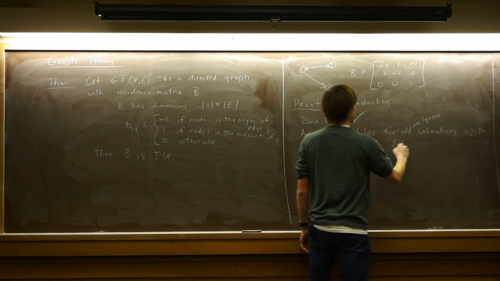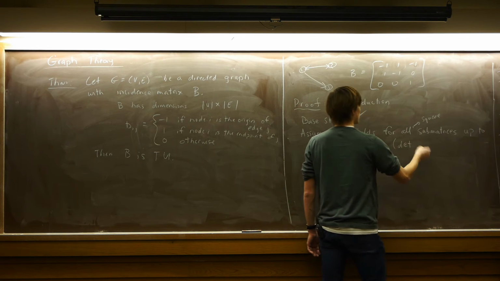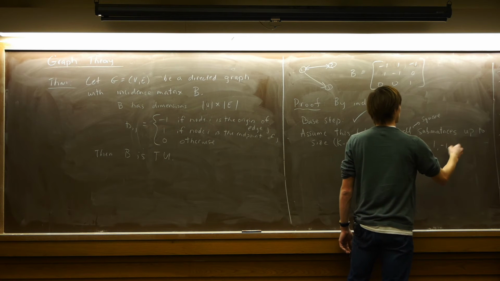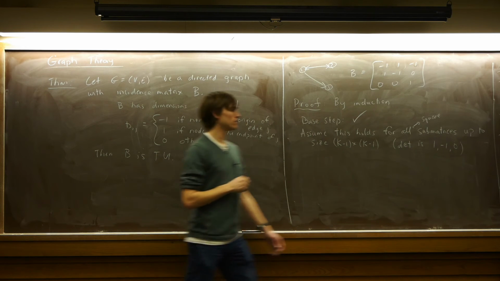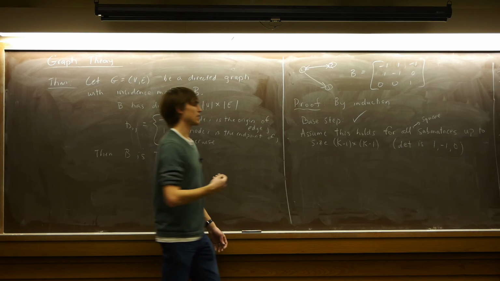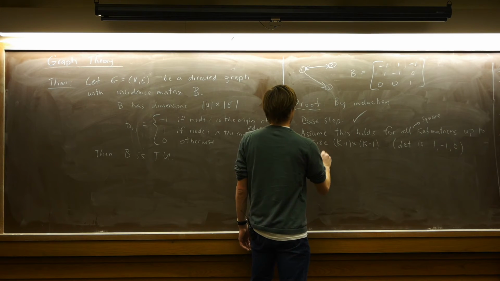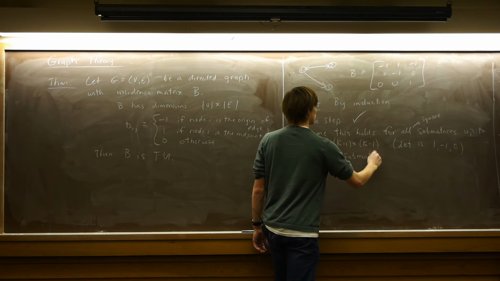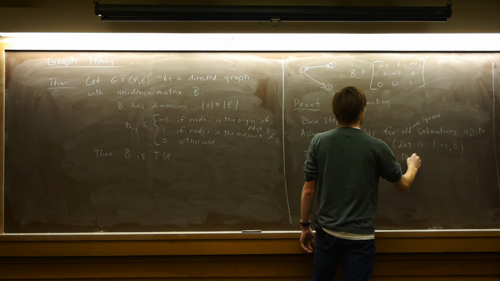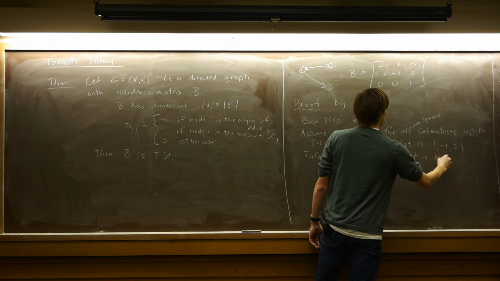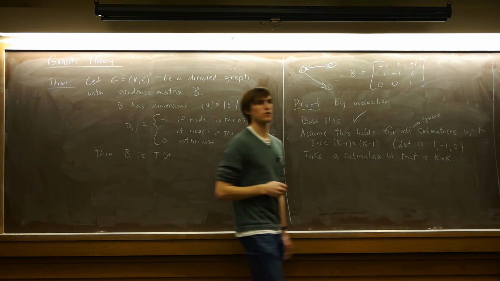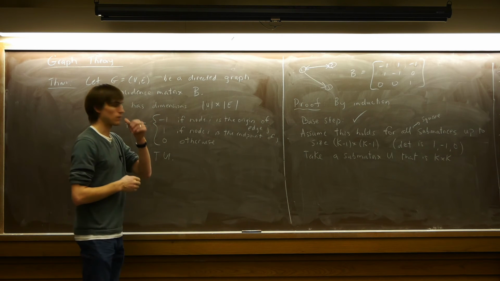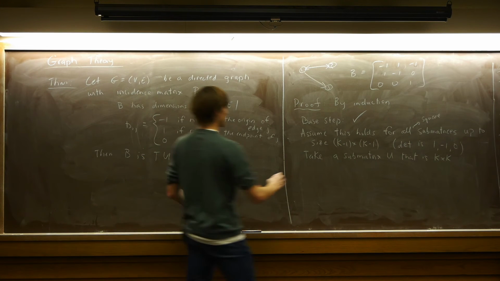And when I say this holds, I mean the determinant is 1, -1, or 0. And now we're going to prove that if I take a submatrix U, it's k by k, then U is going to have determinant 0, 1, or -1. Okay, we're just going to break this down in a couple different cases.